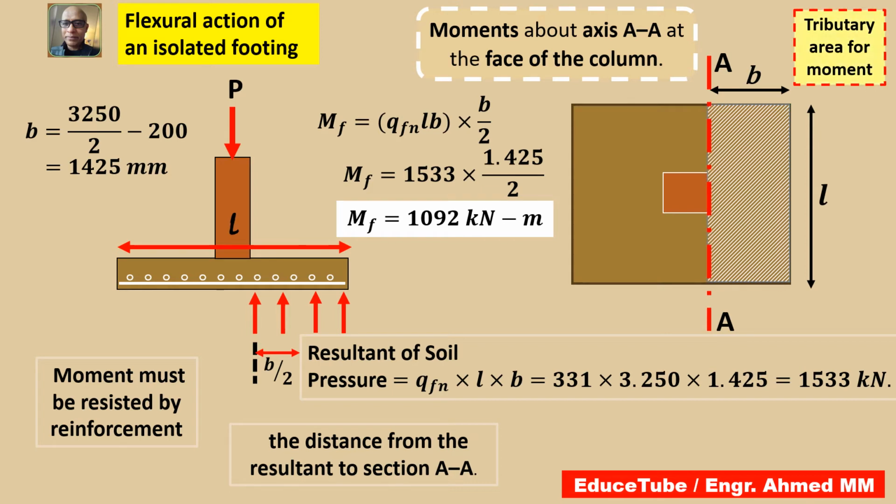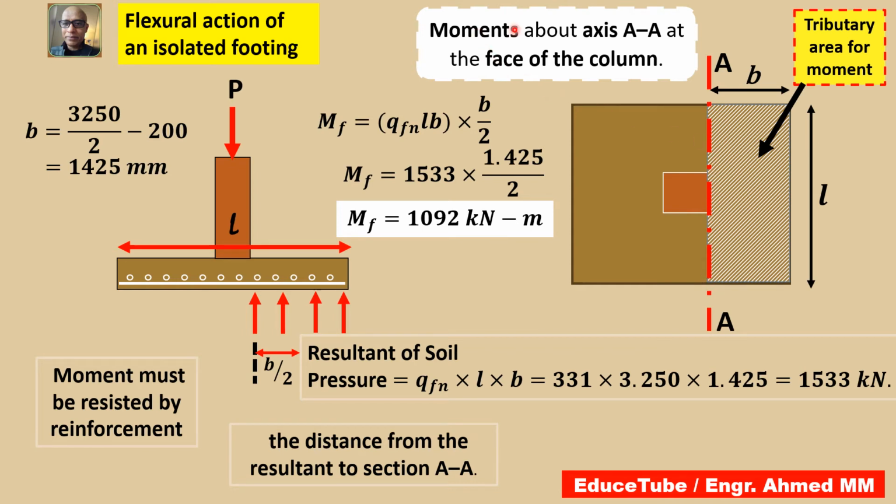Now we need to check the flexural action of an isolated footing. It is at the face of the column. Before, we checked at a distance D by 2 and D, but here, for moment, we always check at the face of the column.